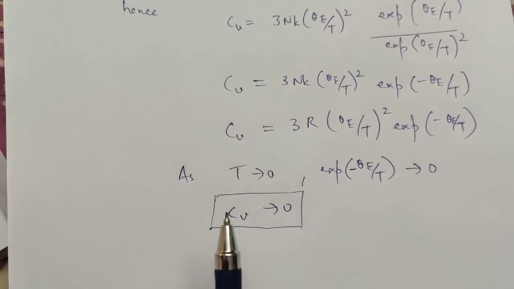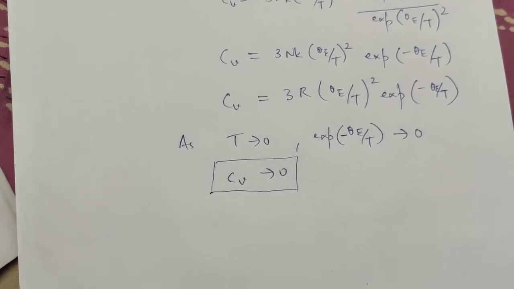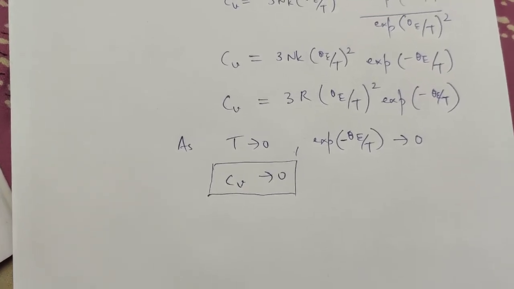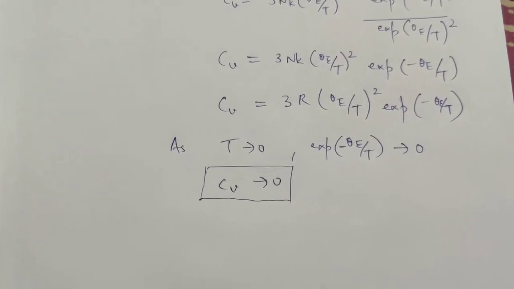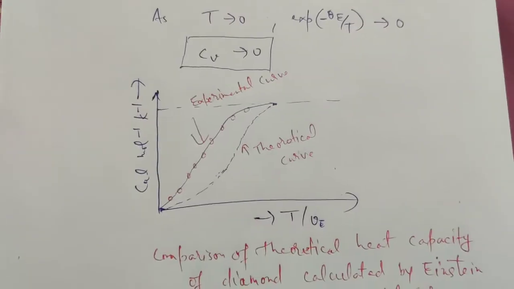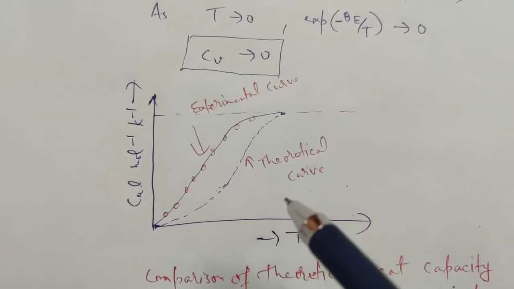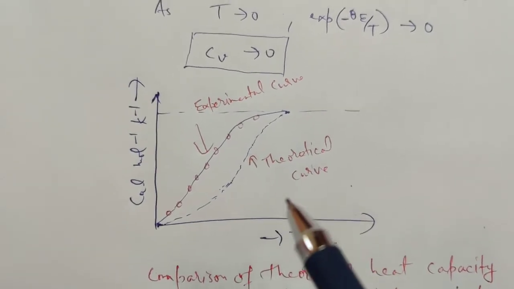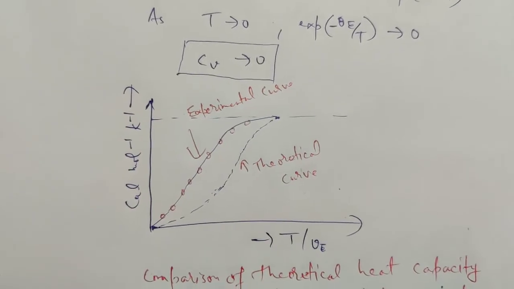Hence Einstein's theory of specific heat matches with the experimental facts at high as well as low temperatures. But let me draw the curve. Your Einstein model matches with the experimental facts at high temperature as well as low temperature.